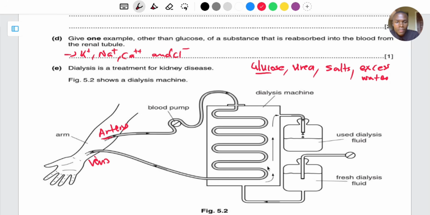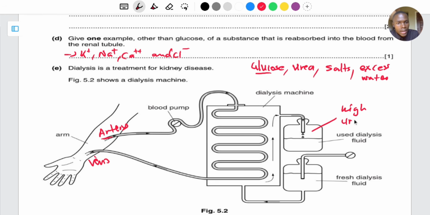Now, since this one is the fresh dialysis fluid and this one is the used dialysis fluid, in this used dialysis fluid, after filtration of substances has occurred in the dialysis machine, there will be high urea, because it has been filtered out.